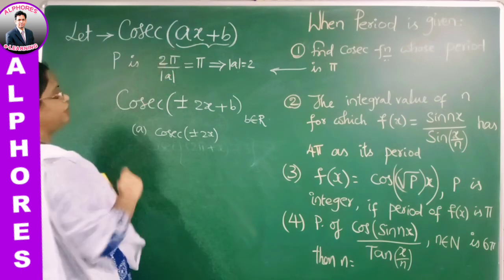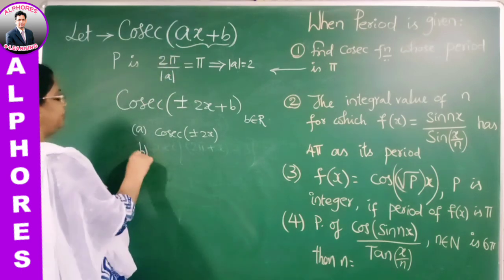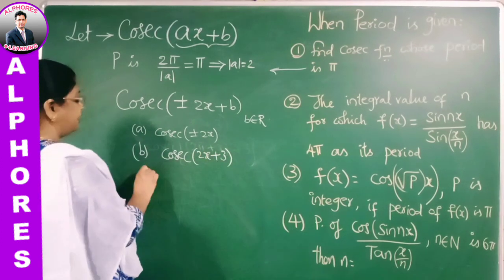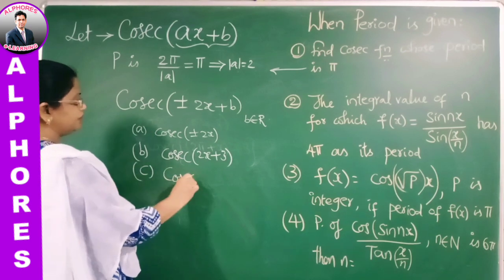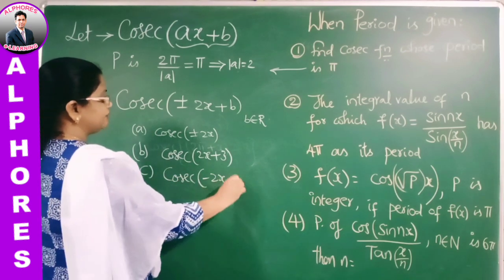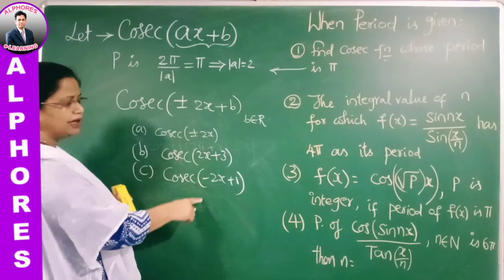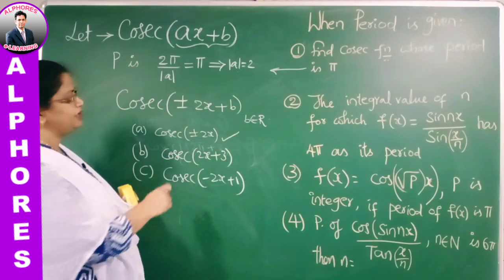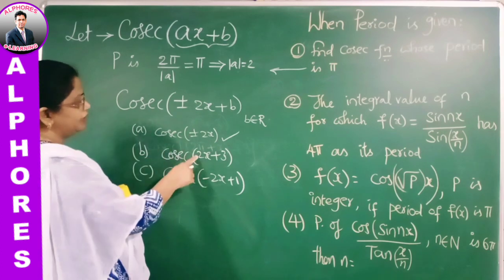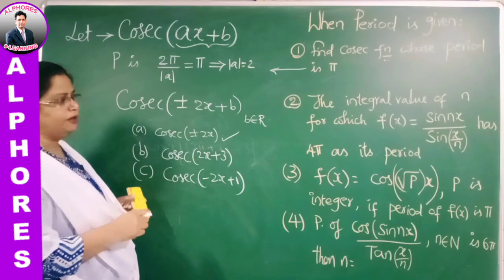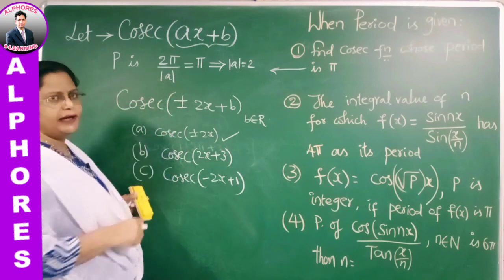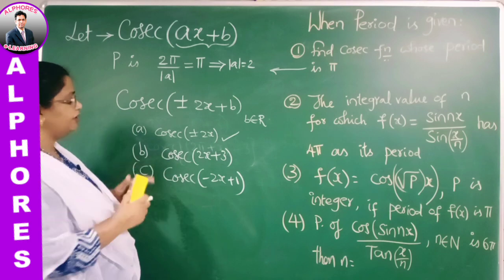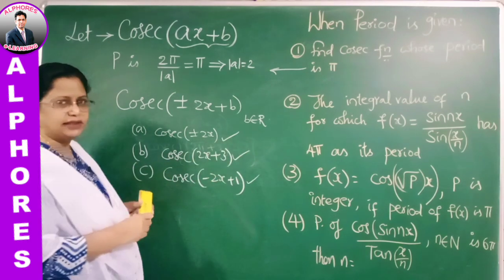And if it is a more than one answer problem, they may give one option as cosecant of 2x plus 3, and the other option cosecant of minus 2x plus 1. Then these answers are also right. Here the period is 2 pi by plus or minus 2 mod. Therefore pi, and here also pi, and here also pi, because the mod symbol is there, right? And that's why you can decide that all of these options are right answers, right?